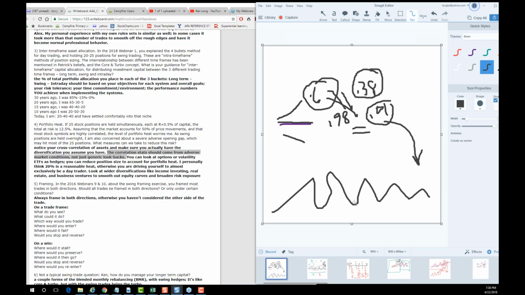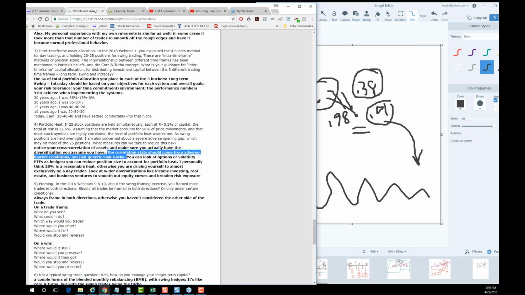So I say all that simply to say your correlation statistics should consider what the true correlations are during sell-off conditions and not just during broad look-back periods. Now, to protect yourself, instead of just pulling your money out of the market, you could look at options or volatility ETFs as hedges, because for a little bit of money, you can get a lot of insurance, and you have the opportunity to make some money on it.